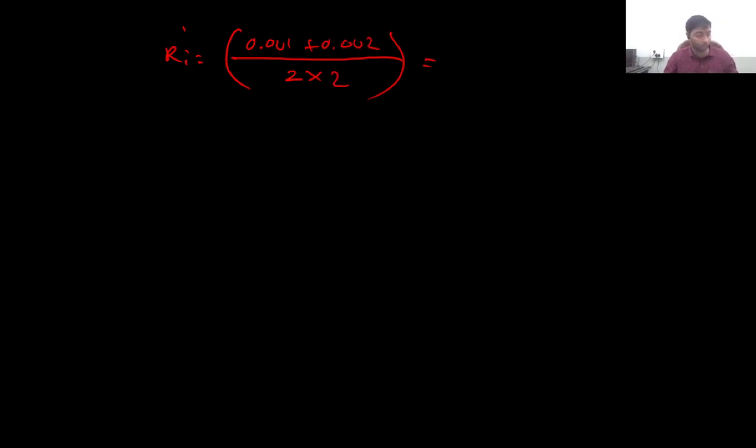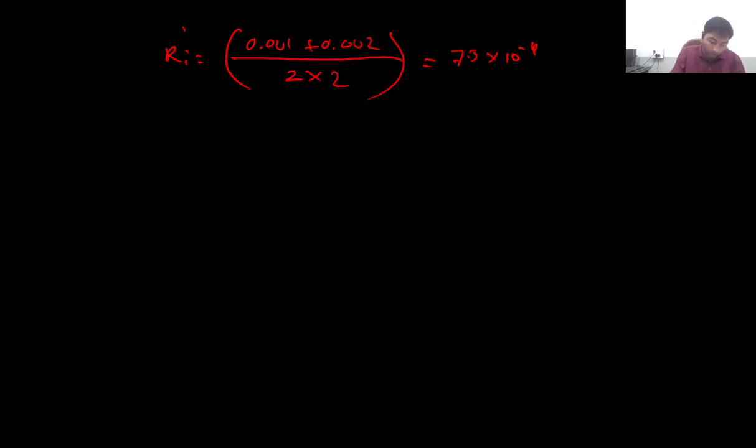So Ri can be written as 0.001 plus 0.002. That is the diameter, so we'll divide by 2. Then for the average, we'll divide again by 2. So it will come out to be 0.001 plus 0.002 divided by 4, which is 7.5 into 10 to the power minus 4.